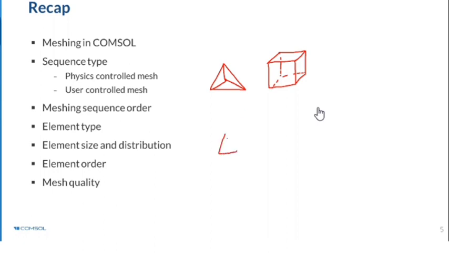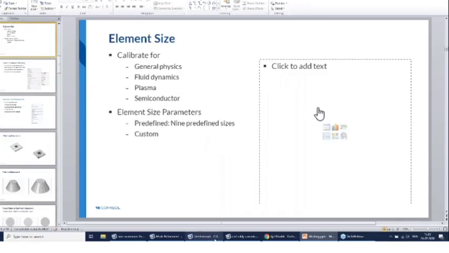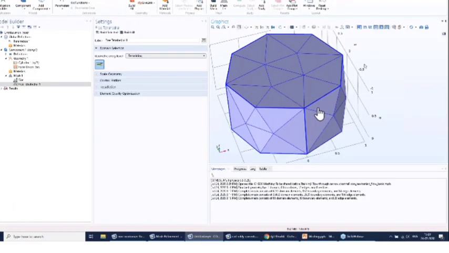You might also have prism kinds of elements like these ones. So all these different kinds of elements you can have in the software. Let me go back to the model.